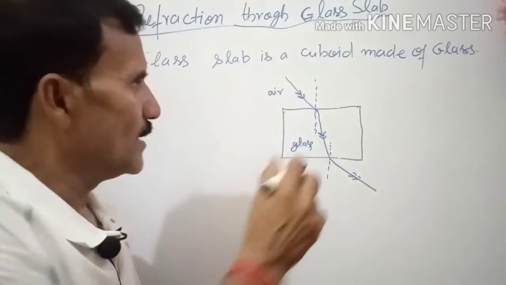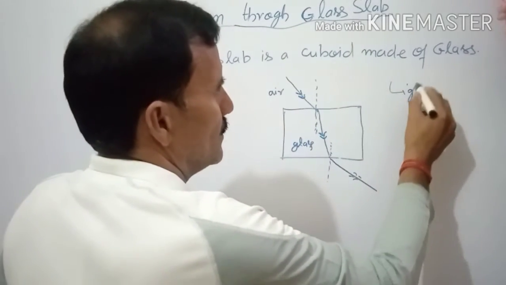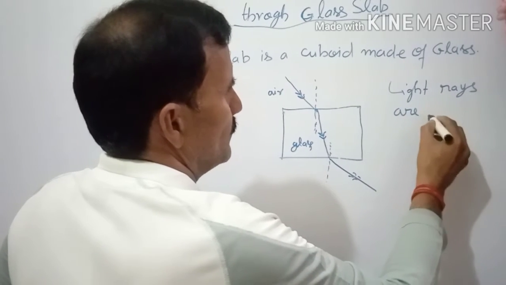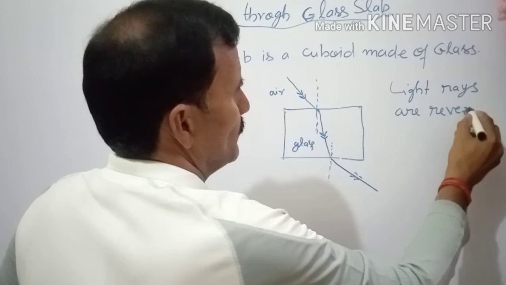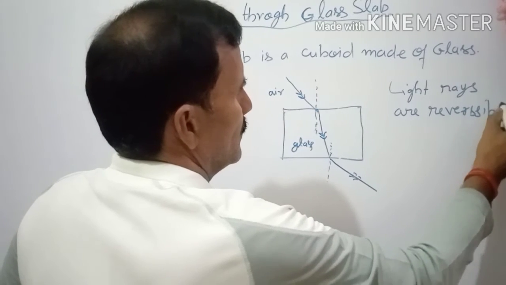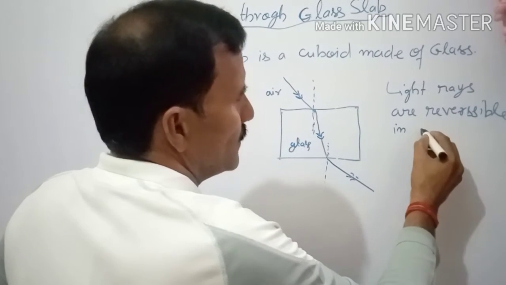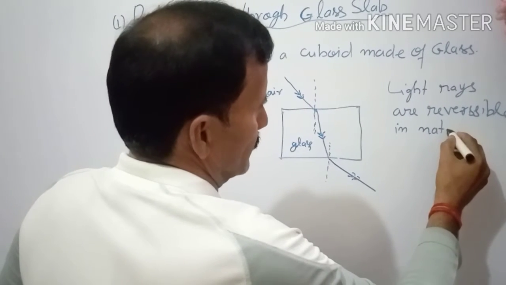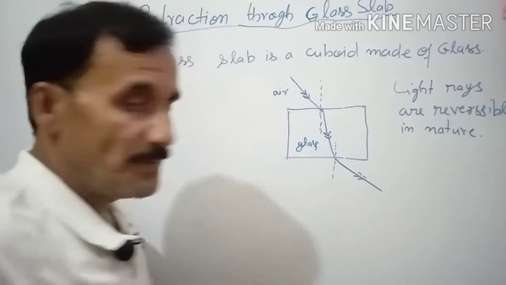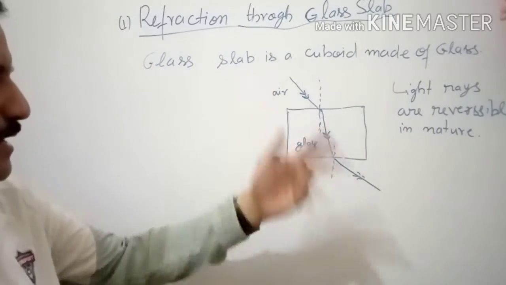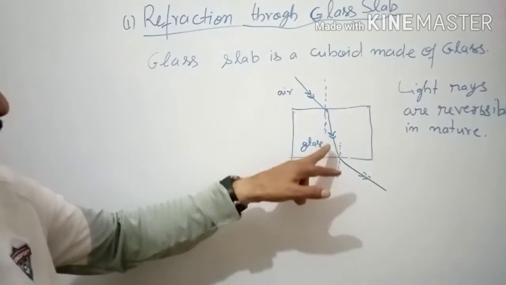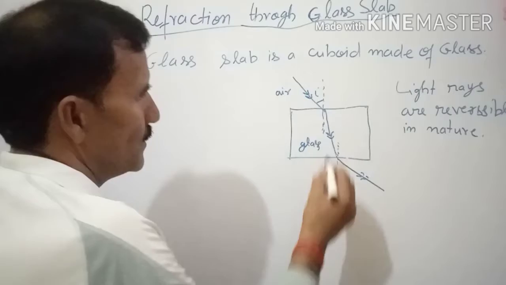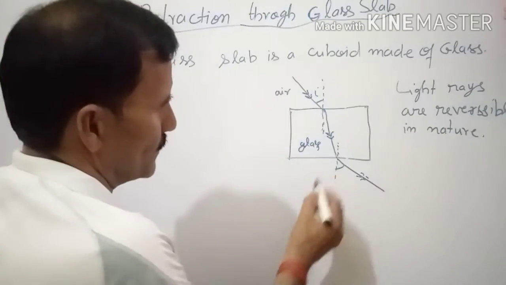That's why light rays are called reversible in nature. What is the meaning of that? When you reverse the direction, the path will be unchanged. Suppose it is entering from here, then the path is the same. So this angle is nothing but this angle.